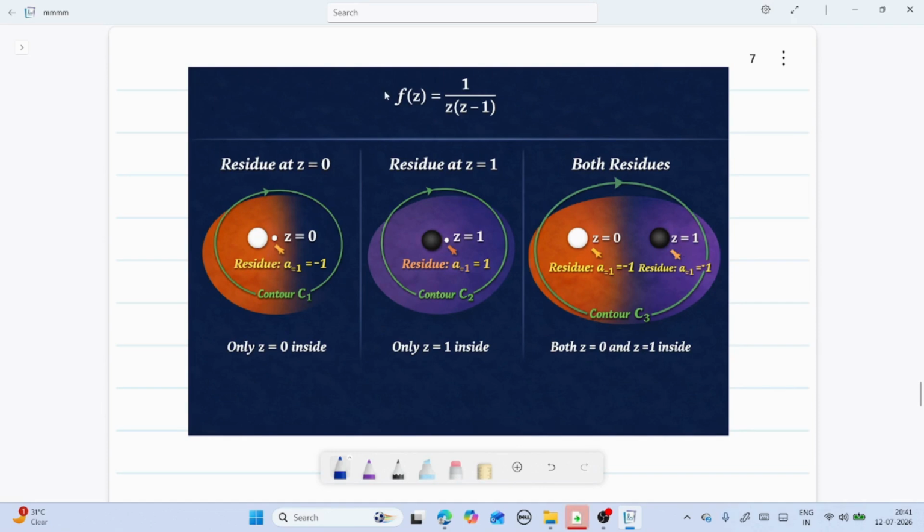So when you find integral over C1 for this given function f of z dz, the residue is at minus 1. Now for this closed curve C2, when we find integral over C2 f of z dz, then the residue is at 1. Now for this closed curve C3, there are 2 residues, one for the singular point z equal to 0 and the other for the singular point z equal to 1, because there are 2 poles here.